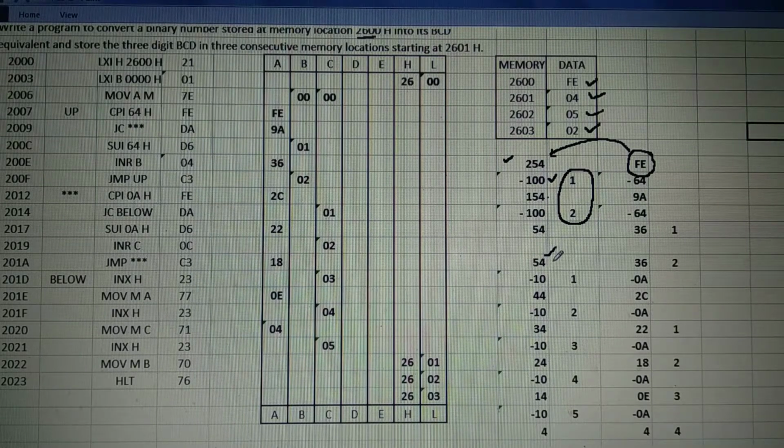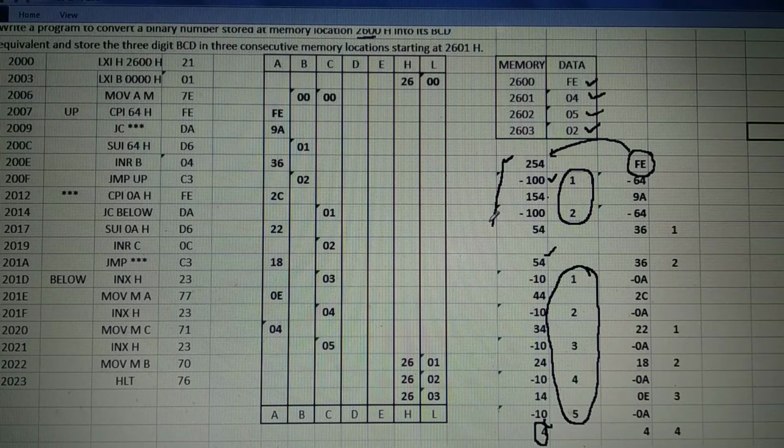Then 54: go on subtracting 10 till the remainder becomes less than 10. How many times do you have to subtract it? 5 times. That means the tens value is digit 5 and the remainder is the value at unit place. But this part is explained with numbers in decimal form.